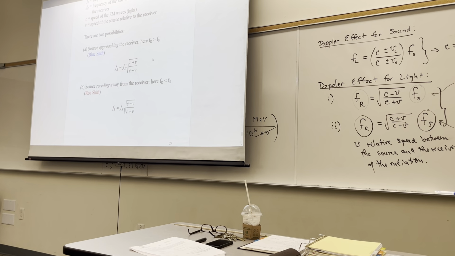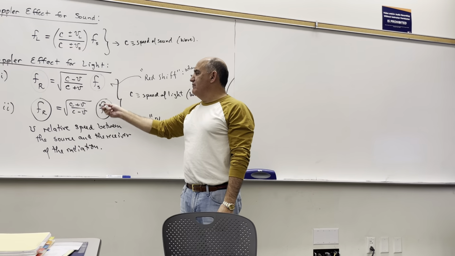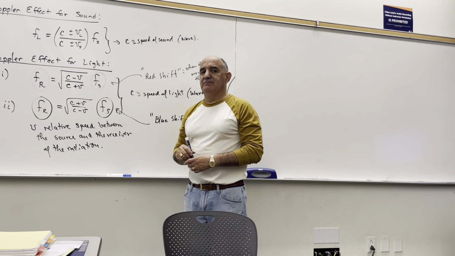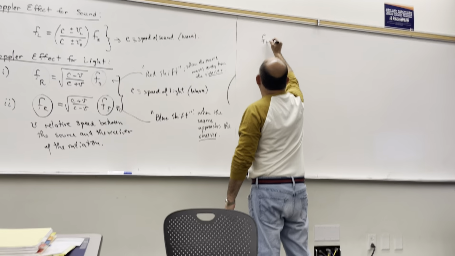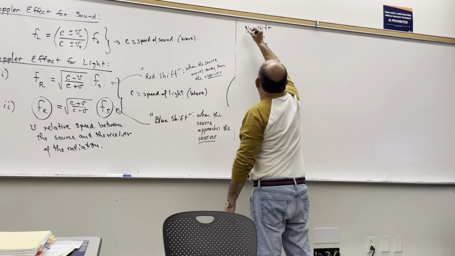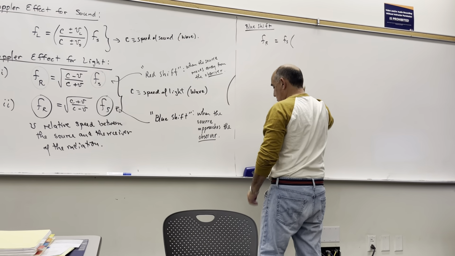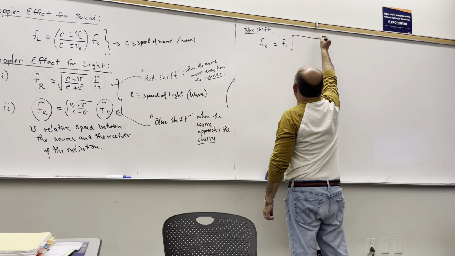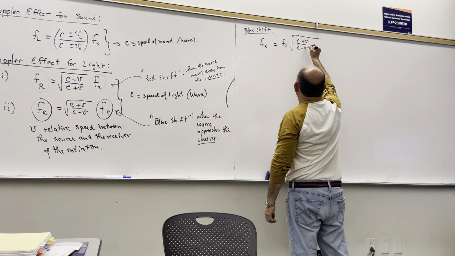So what we're gonna do, use the redshift or the blue shift? Big one. The blue. Blue it is. So I'm gonna use this. This would be f of s, and then we have the square root of c plus v over c minus v, right?